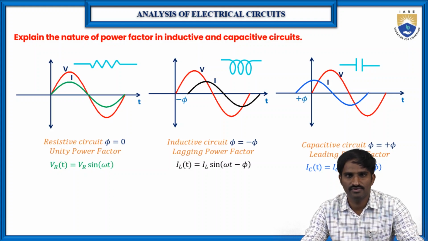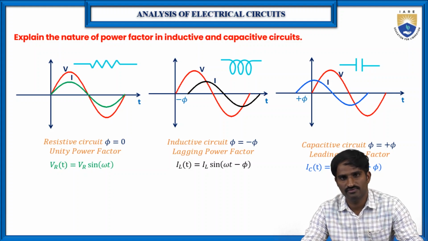As we know, in alternating quantities, both voltage and current are represented as sinusoidal waveforms. But depending on the type of the load, the current and voltage will not start at the same point, right? In that case, we will get the phase difference.